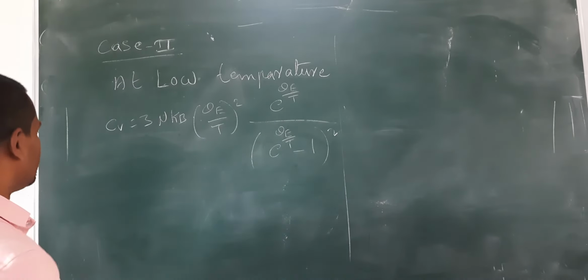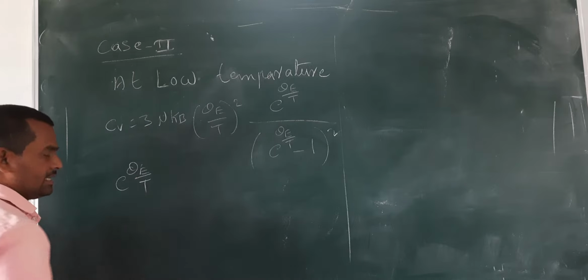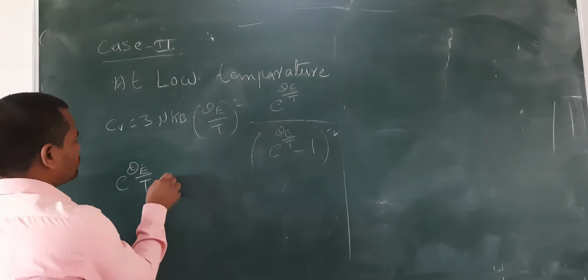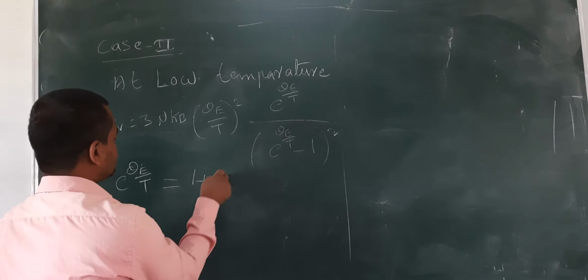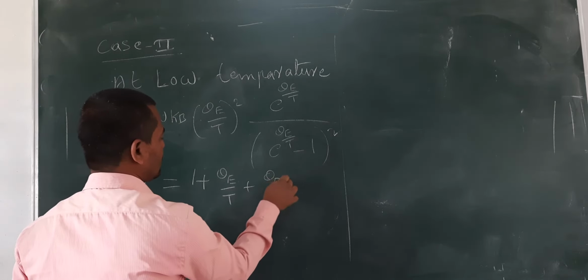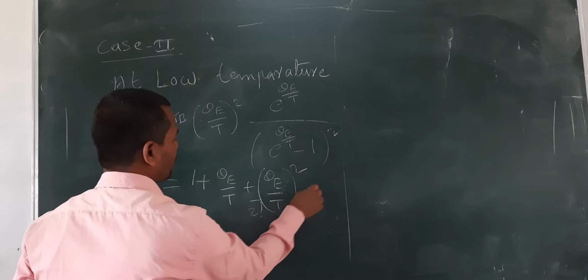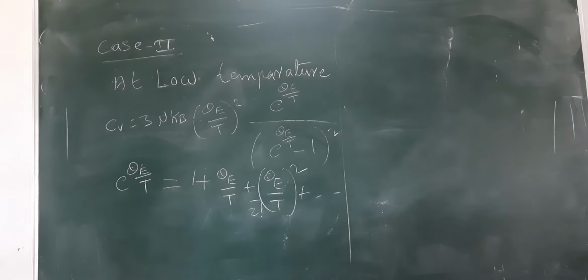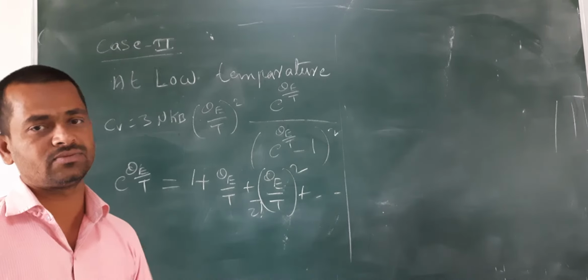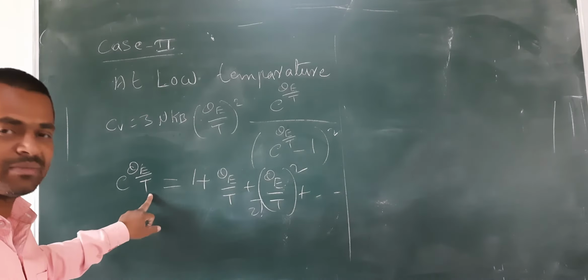Now see, e power theta E by T. Already we know its expansion as 1 plus theta E by T plus (theta E by T) squared by 2 factorial and so on; next 3 factorial, 4 factorial, cube, like this will come. But at low temperature, T is low.